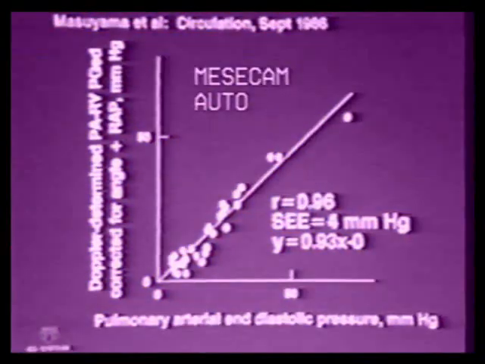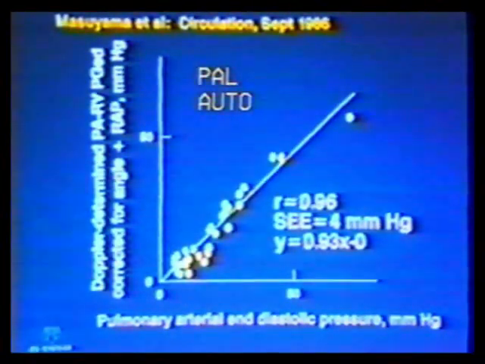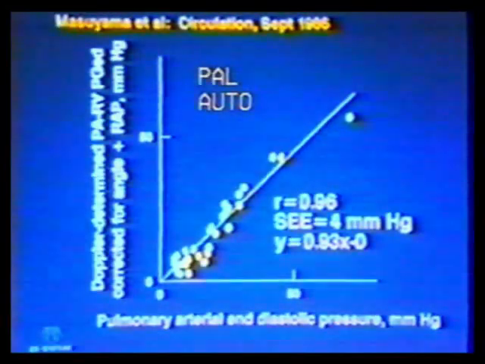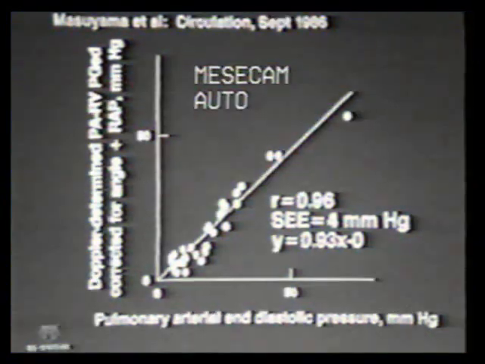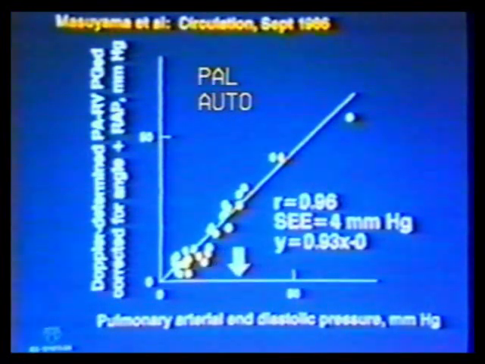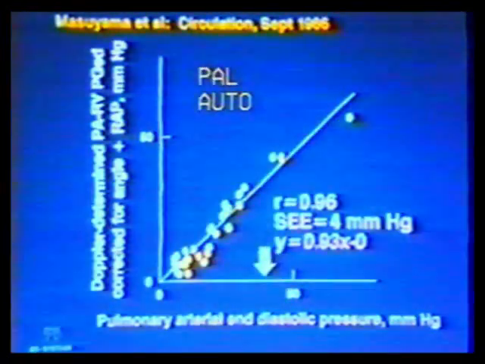Masuyama and colleagues evaluated this Doppler method for calculating pulmonary artery diastolic pressure in 45 patients, comparing the Doppler-derived PA diastolic pressure to PA diastolic pressure obtained by right heart catheterization. This figure illustrates their results, with catheter-measured PA end diastolic pressure on the x-axis.